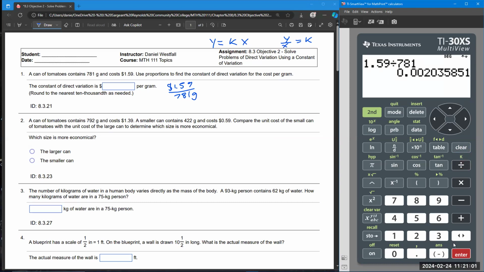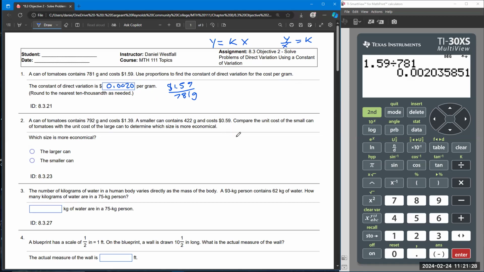They want us to round to the nearest 10,000th of a dollar. So tens, hundreds, thousands, 10,000s, so 0.0020 per gram, like that. And if we knew the number of grams, then we could multiply by that constant and we could figure out the cost.